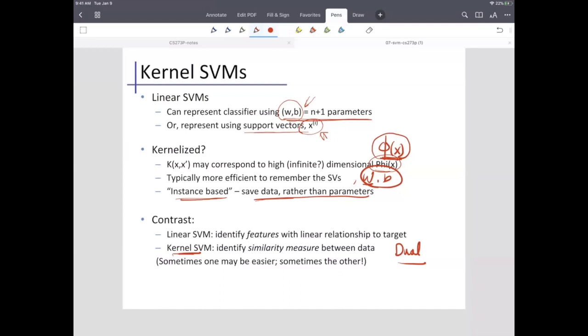There's no issue of local optimality. That's very assuring when you apply this methodology, because you will get the same solution no matter who applies this method or how you run the algorithm, because there's only one solution that is globally optimal. So that's the main benefit of SVM.